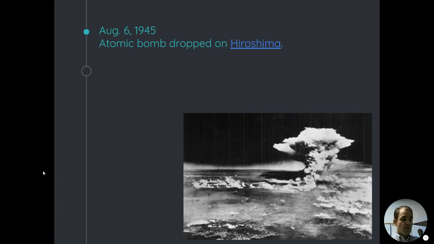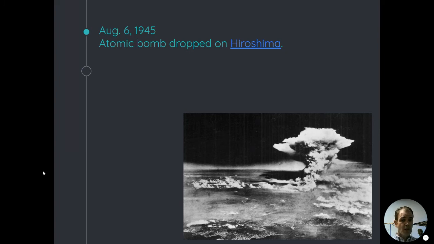So the United States had perfected the atomic bomb at this point. We were ready, and the United States let Japan know. They essentially called up the leaders of Japan and said, we have a bomb that will destroy a whole city, and we are going to drop it on Hiroshima. Surrender, or that's what's going to happen.